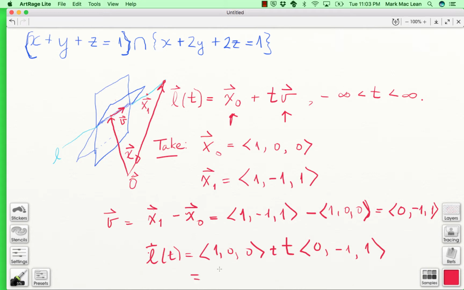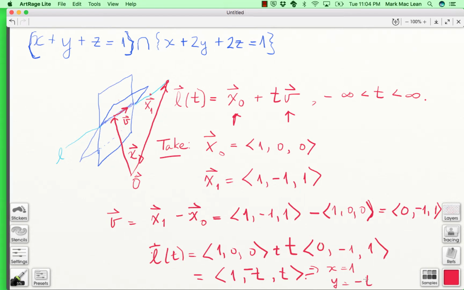And I can write that as 1, minus t, t, for example. Which I can also write as x equals 1, y equals minus t, and z equals t. So there's a parametric representation here.